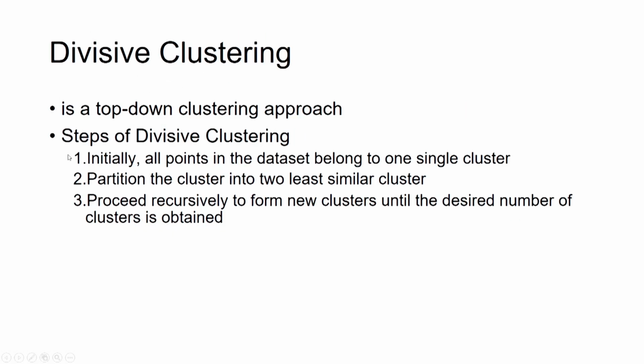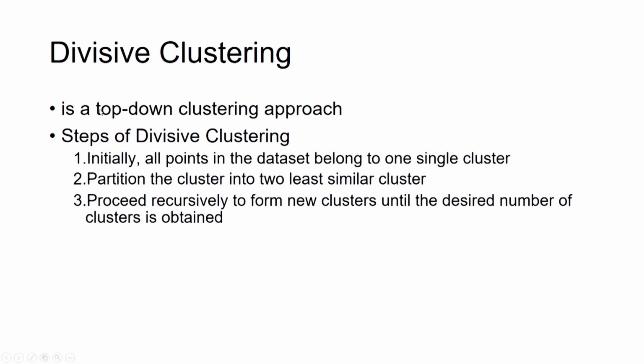Now, the second way of hierarchical clustering is divisive clustering. In this clustering, we can say it is a top down clustering, while agglomerative clustering was the bottom up approach, because there we were treating all the individual data points as individual clusters, then we were merging the closest clusters to form the next set of clusters.